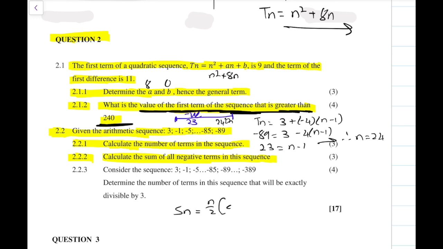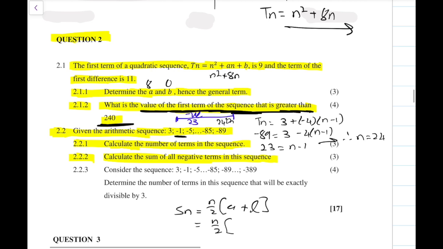But this is important now to understand. Are we using the 3 or the minus 1 as our first term? We have to use the minus 1 because it's dealing with all the negative terms in that sequence. So we've got to say minus 1 plus the minus 89. And our number of terms is not 24, but 23.